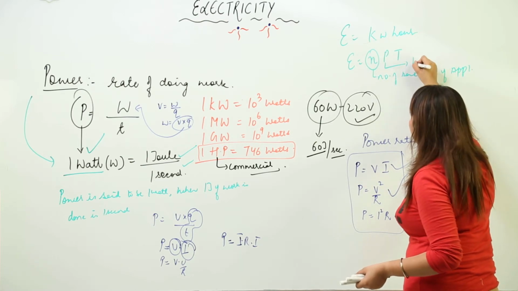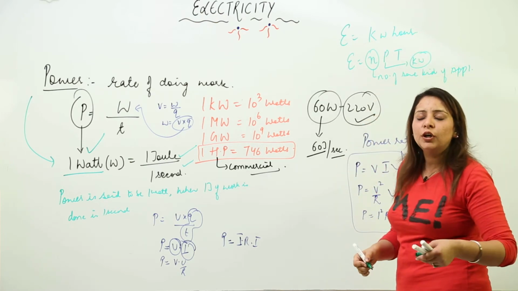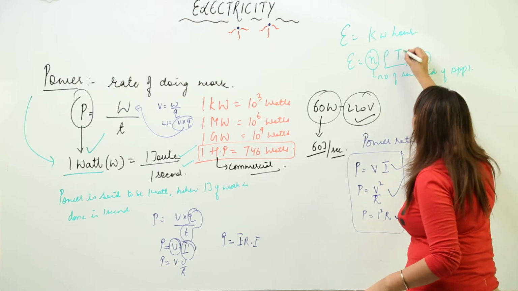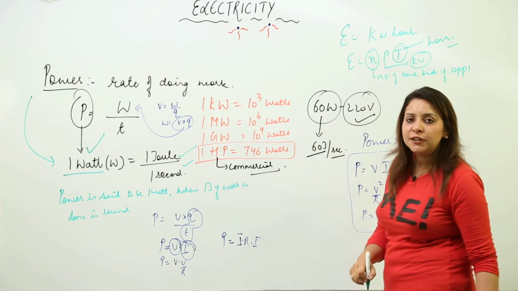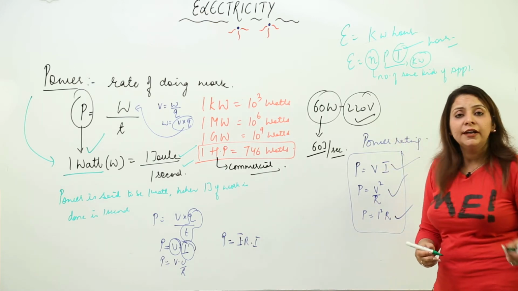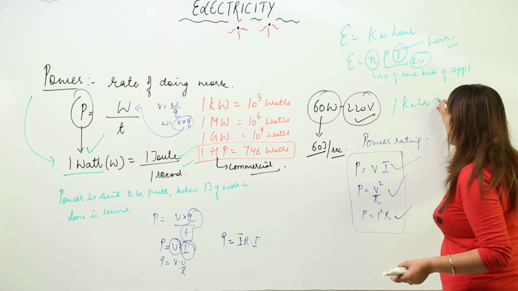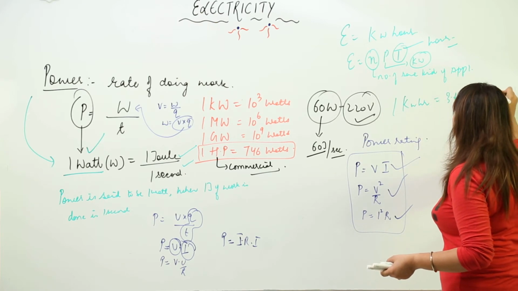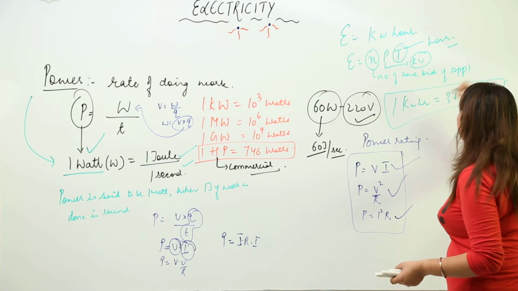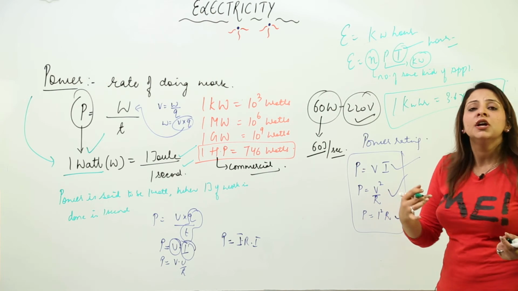P is the power which you need to take in kilowatt, but if it is in watt, then after solving just convert it into kilowatt, and time is taken in hour. There is also a relation between kilowatt hour and joule. 1 kilowatt hour is equal to 3.6 into 10 raised to power 6 joules. By this you can interconvert kilowatt hour into joule or joule into kilowatt hour.